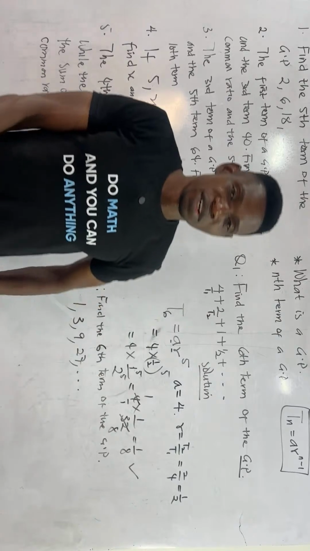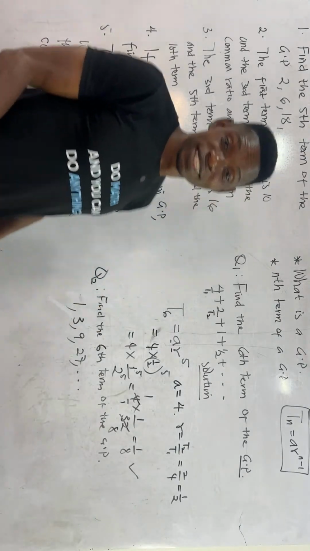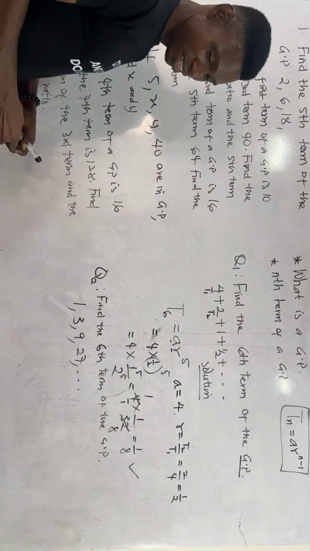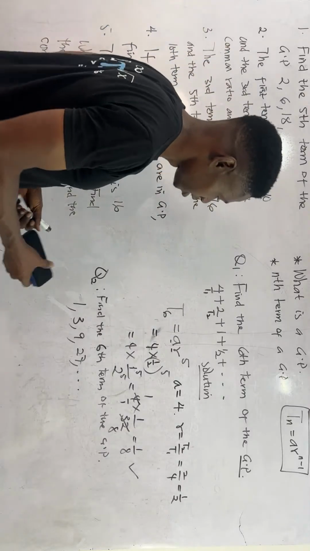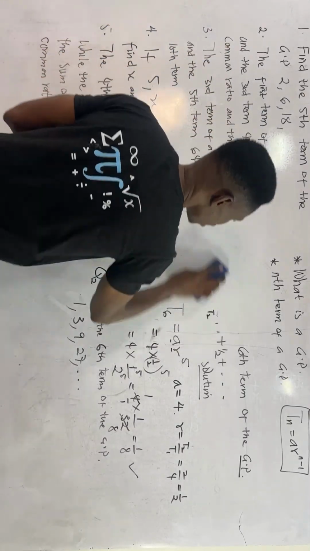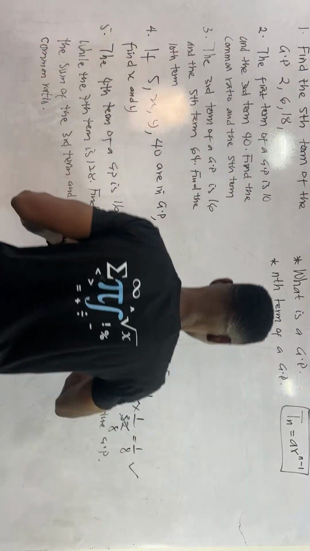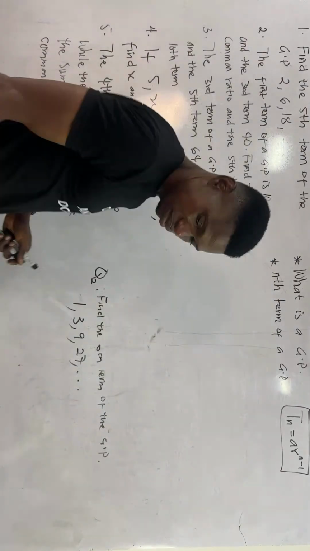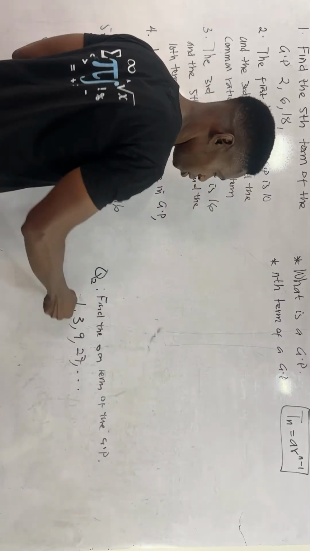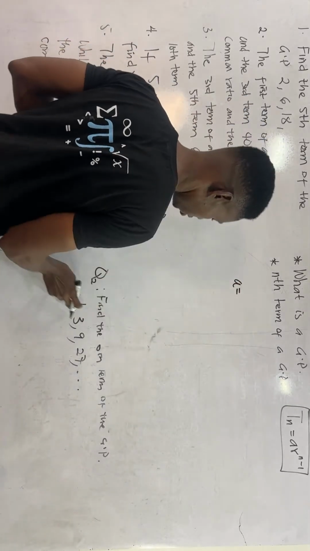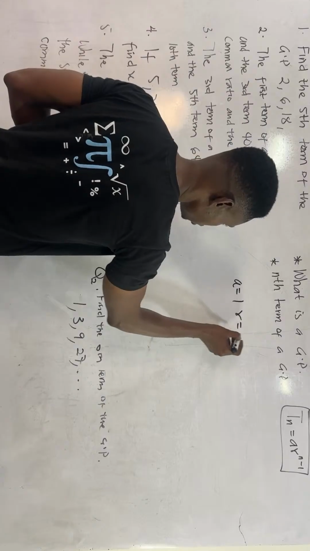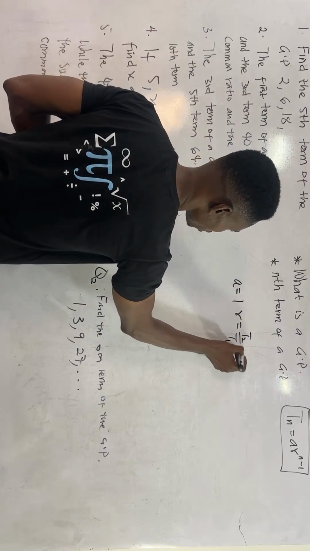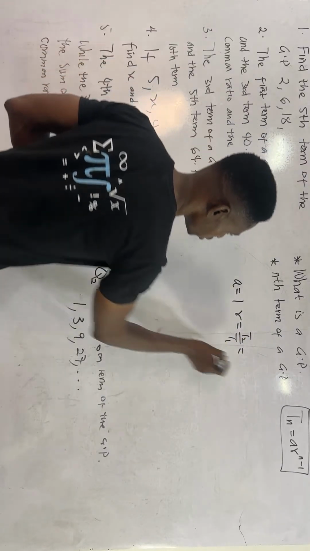Okay, so some of you got 243, right? Let's see what the answer actually is. So from here, our first term, A is 1, and our R is T2 over T1, which is 3 divided by 1. That's 3.